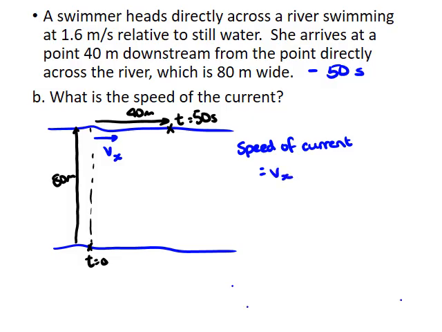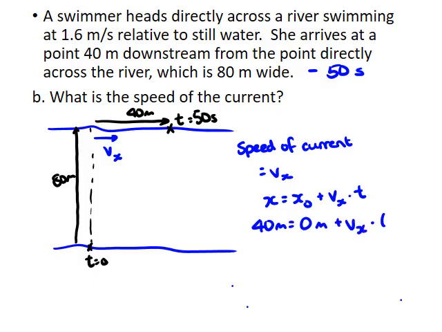So let's think about this. This is constant velocity, so x is equal to x naught plus vx times t. The final position is 40 meters, the initial is 0 meters, plus vx, which is what I'm trying to solve for, times t.